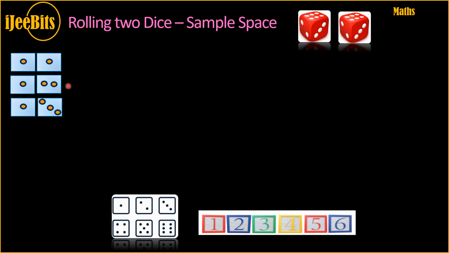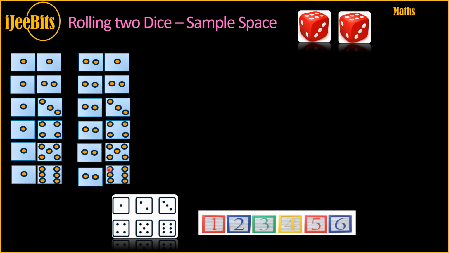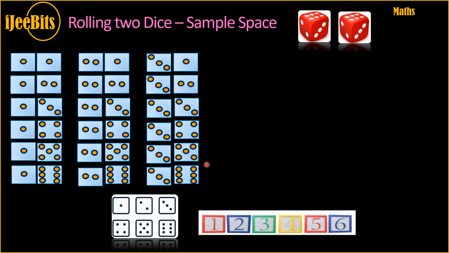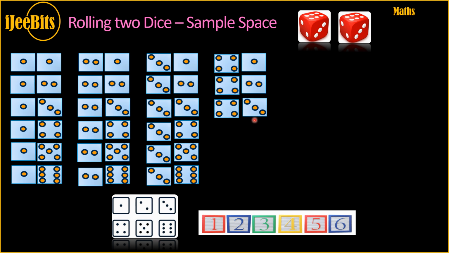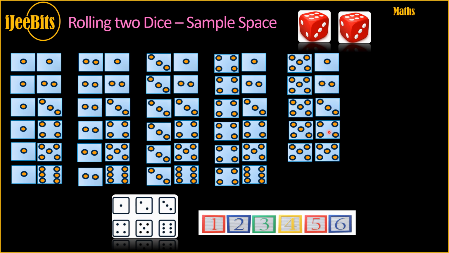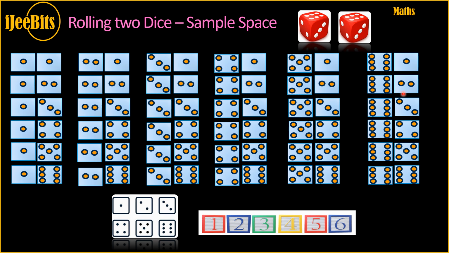When we roll it, there is a combination that you get: 1 1, 1 2, 1 3, 1 4, 1 5, 1 6, then 2 1, 2 2, 2 3, 2 4, 2 5, 2 6, or 3 1, 3 2, 3 3, 3 4, 3 5, 3 6, 4 1, 4 2, 4 3, 4 4, 4 5, 4 6, 5 1, 5 2, 5 3, 5 4, 5 5, 5 6, 6 1, 6 2, 6 3, 6 4, 6 5, 6 6.